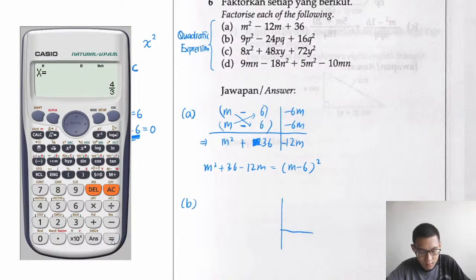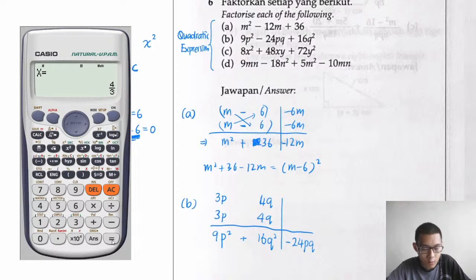So I'll try to use this: 9p squared, and 16q squared, and negative 24pq. So how do we separate? You can separate like this: 3 times 3 and 4 times 4.